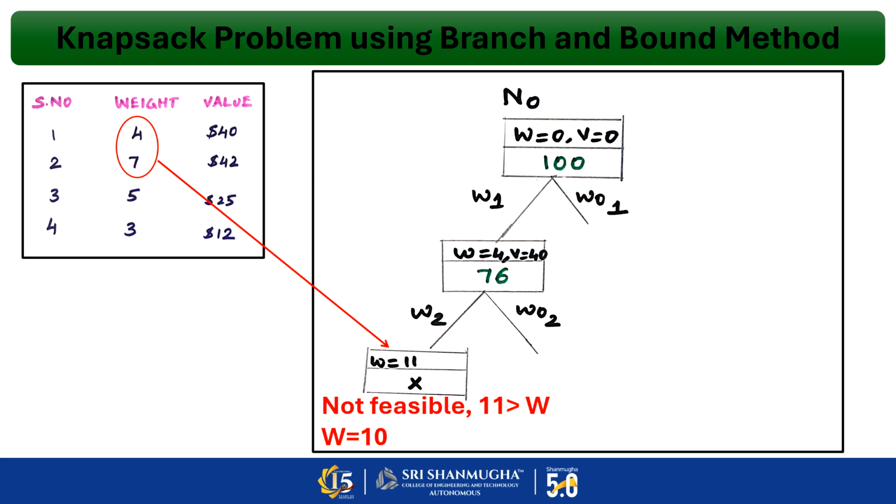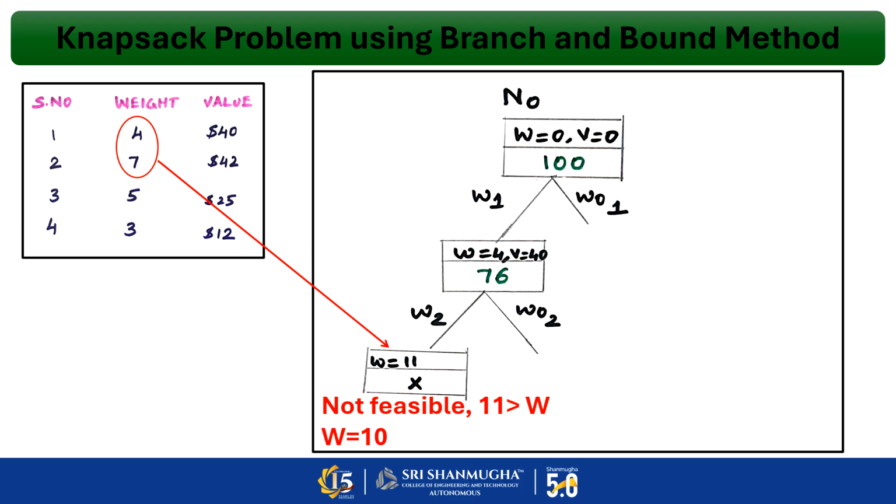Now listen carefully. For node 2, that is for item number 2, the weight is what? 7. But for node 1, the weight is 4. That means you have to add it. I have mentioned this clearly using the diagram. So the weight of node 2 is 7 and the weight of node 1 is 4. So 7 plus 4 is 11.